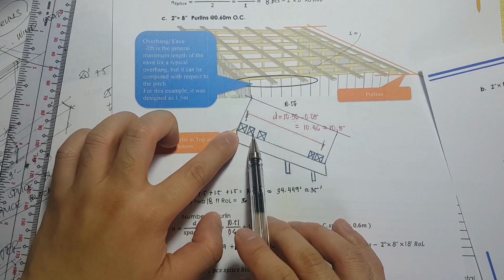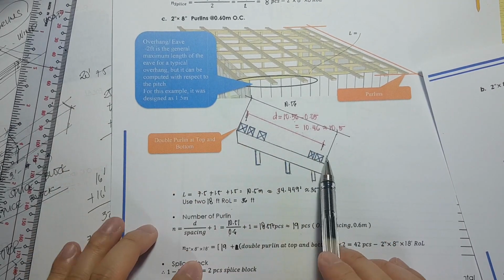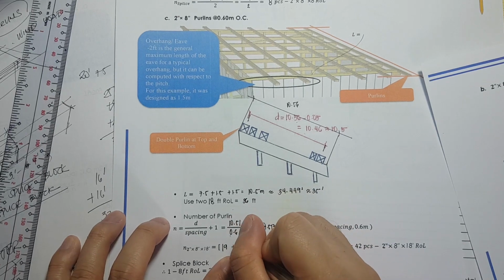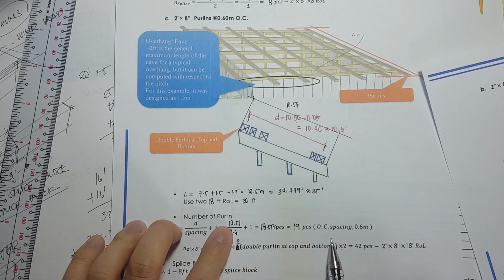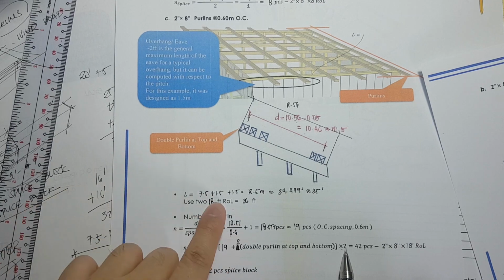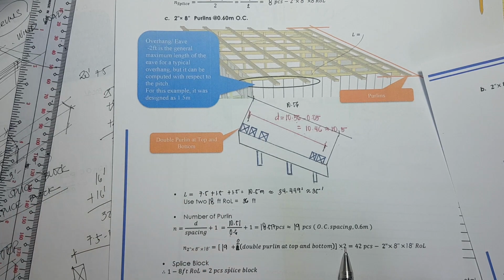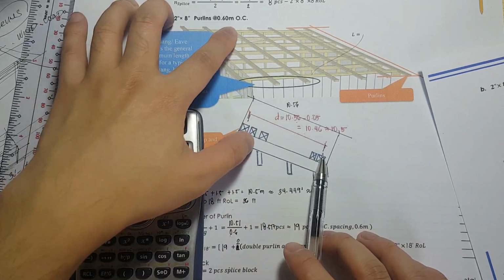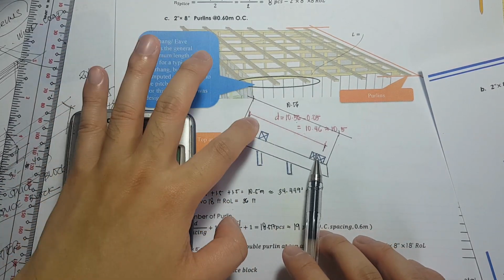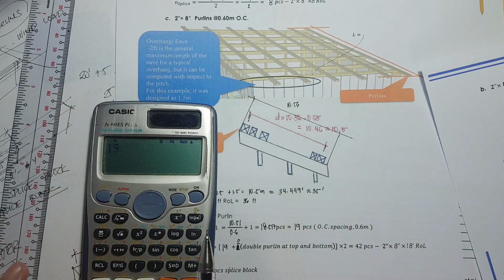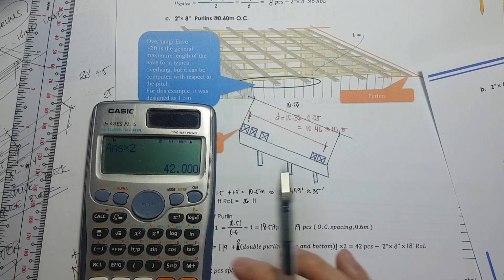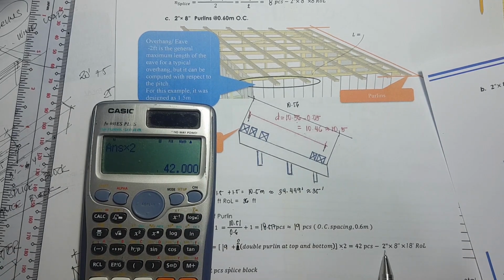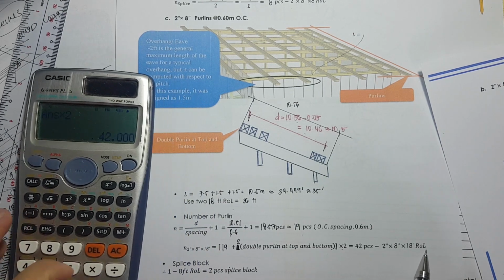So that is 19 spaced at 0.6, plus 2 for the double purlins, times 2 because it is two 18-foot pieces. That is equivalent to 42 pieces of 2-inch by 8-inch by 18 feet of rough lumber.